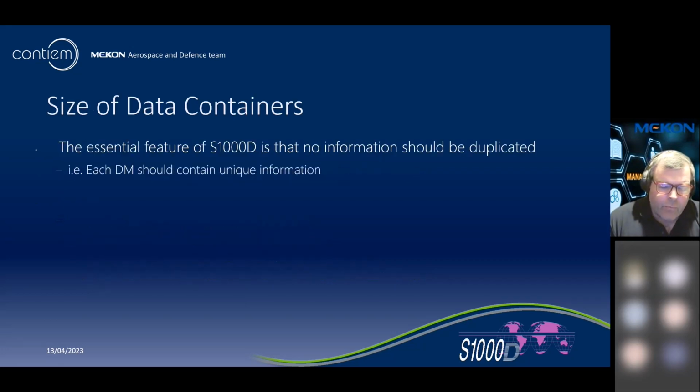So one of the things for breaking it down into all these data containers is that we try and have both a granularity of information that's easy to maintain, and also so that we don't duplicate information. Classic one is figures. I might have a figure that shows a display of part of my aircraft or part of my motor or whatever it is I'm documenting.